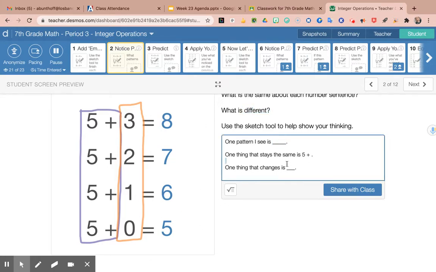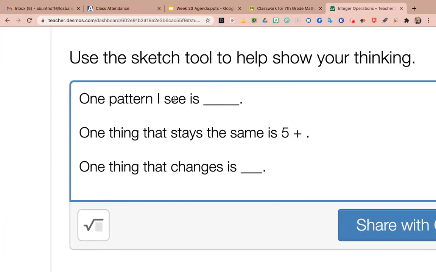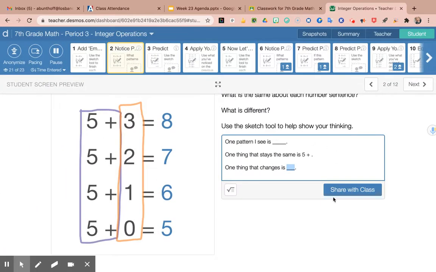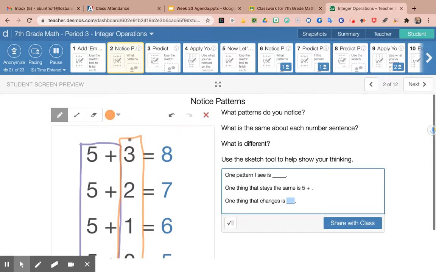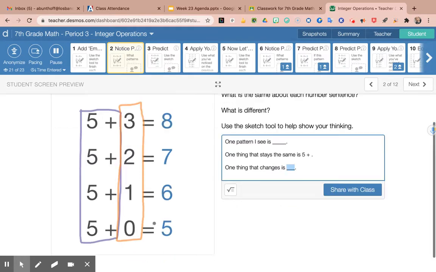So finish these sentences. You should have 3 sentences. I started them for you if you want to use these sentence starters, but you got to fill in, don't leave it blank because I won't give you credit. And then click share with the class. So a pattern, something the same each time, and then something different each time.